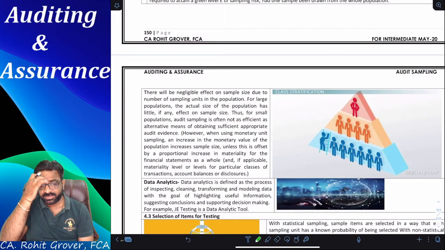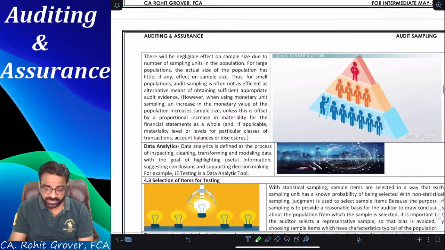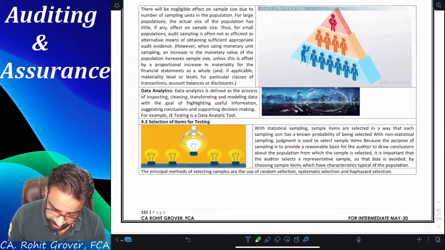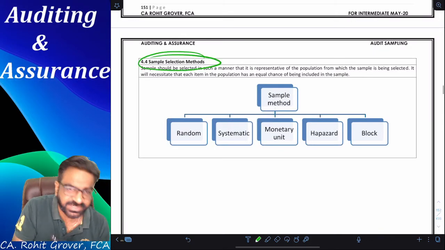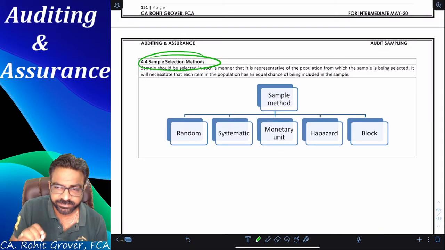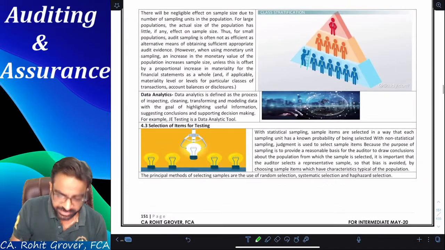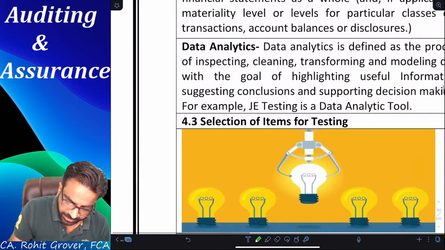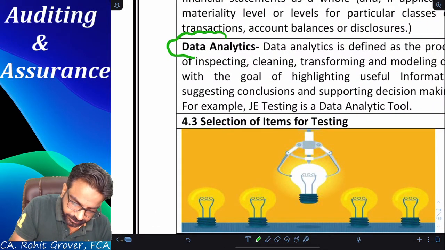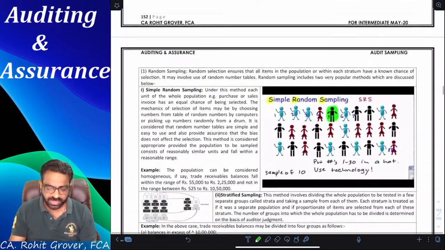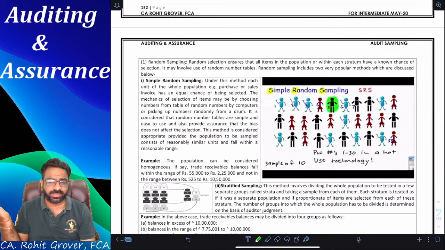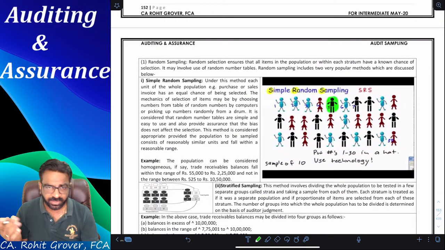There is only one small topic which we are left with, that is called data analytics and methods of sampling. Yes, this topic is the only one left in our whole chapter, that is called what? Data analytics. And this topic, data analytics, we have again in the chapter on audit in an automated environment.